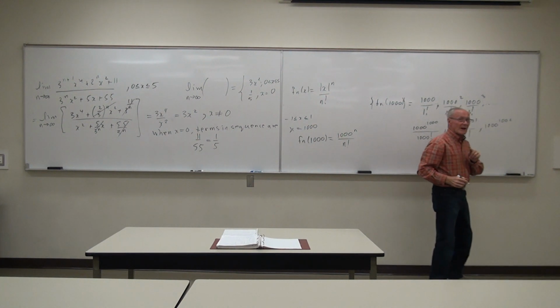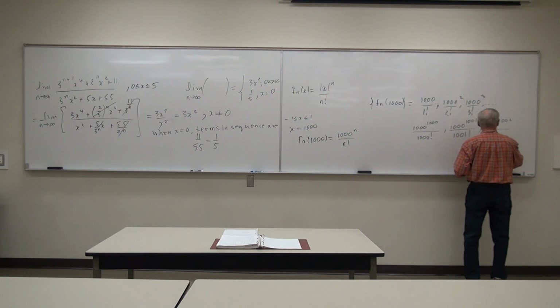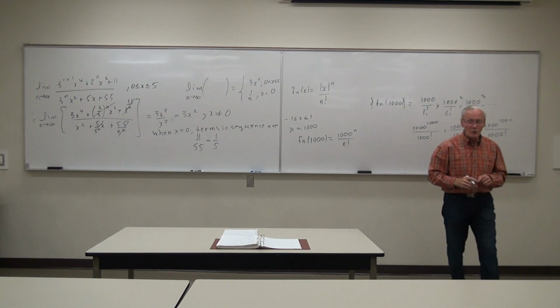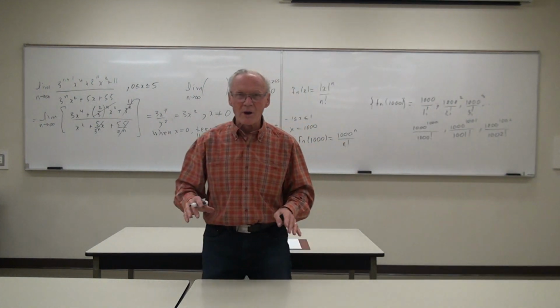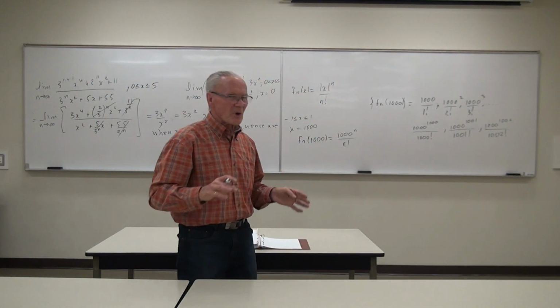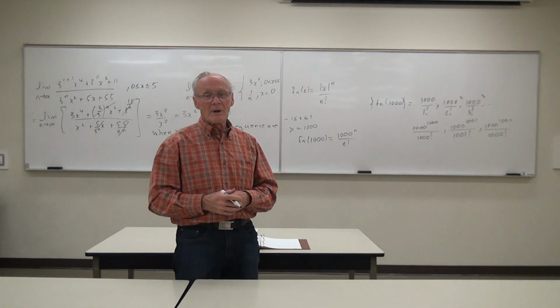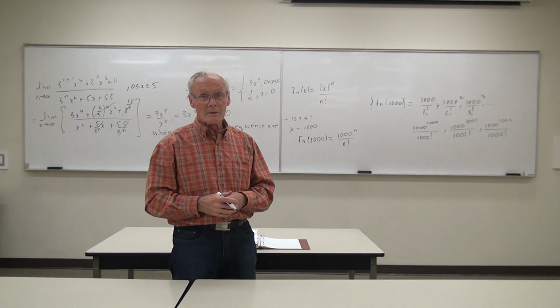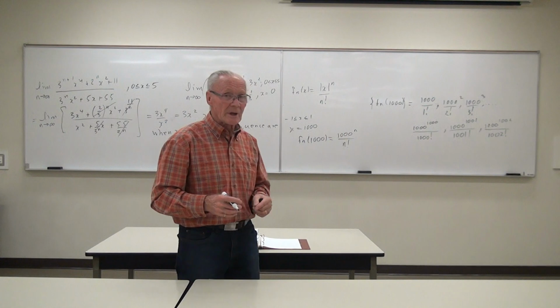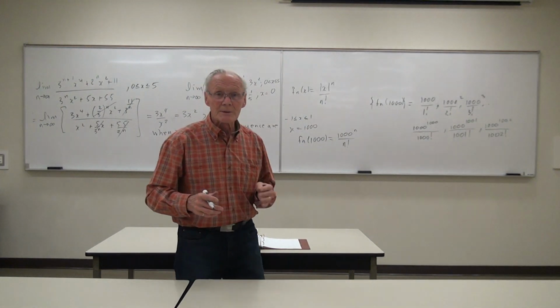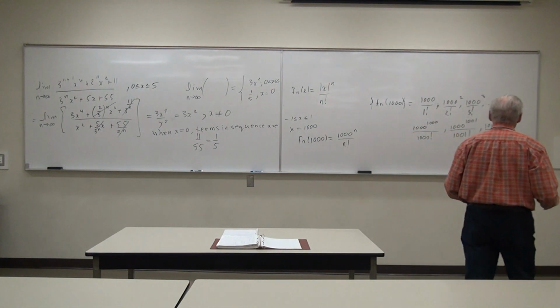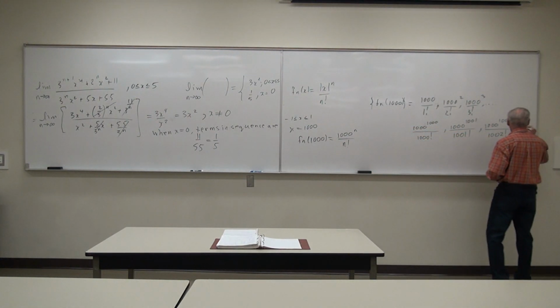You multiply by 1,000 again, but now you divide by 1,002. From now on, the terms are going to get smaller and smaller, and they're going to go to 0, because the denominators are going to get bigger much faster than the numerators eventually. So they will approach 0.